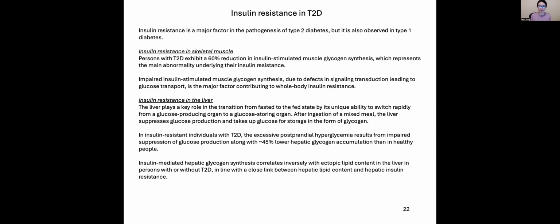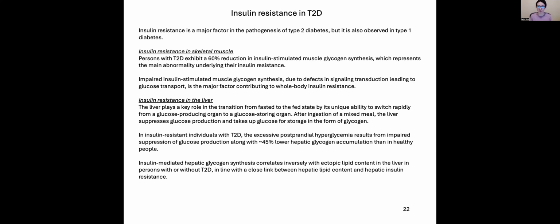But when we are fed, the liver will turn off its gluconeogenic function because we just ate. We have glucose. Therefore, we don't need the liver to output more. Therefore, the liver needs to turn off its gluconeogenic action when we are fed.